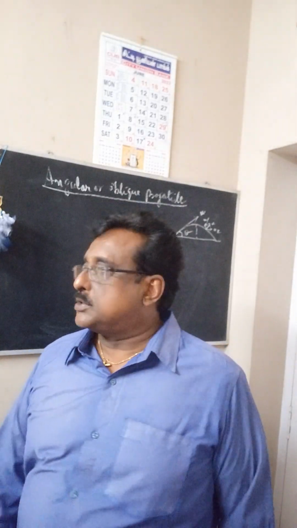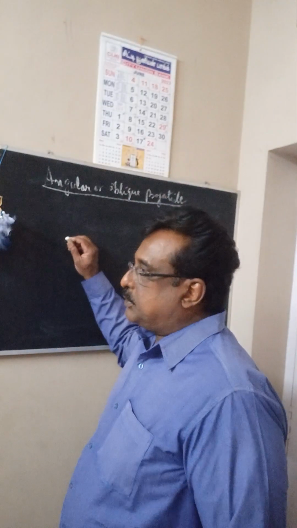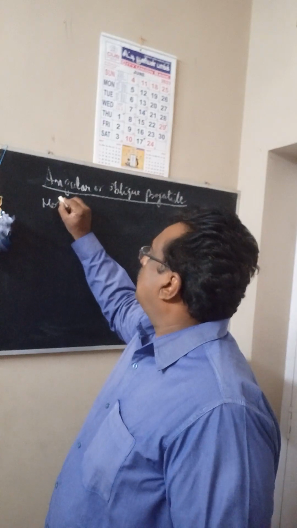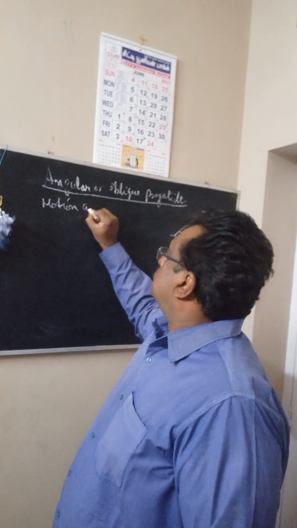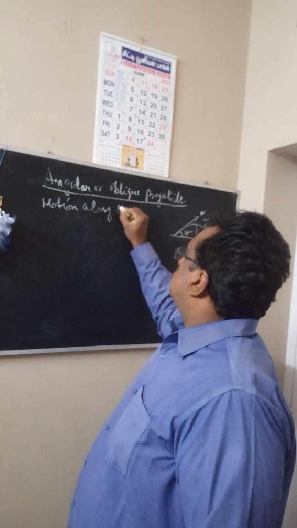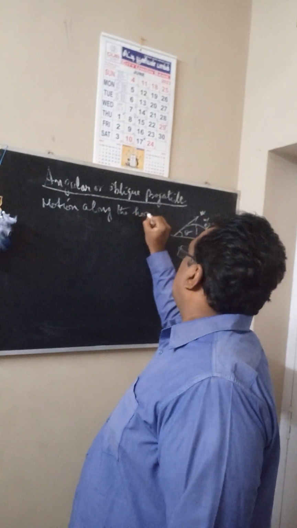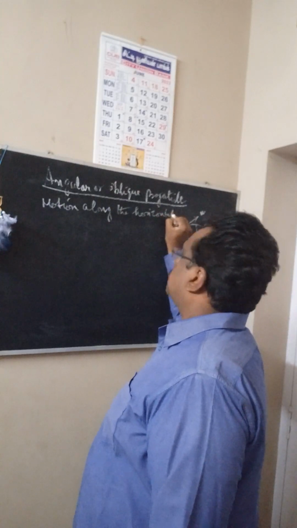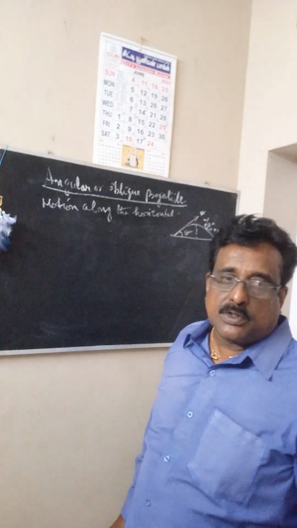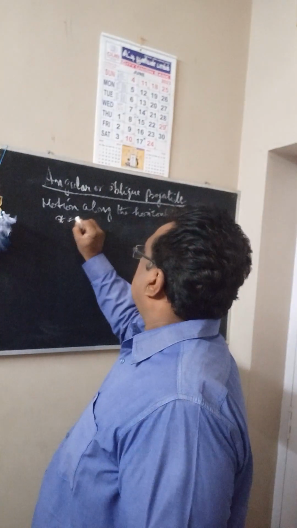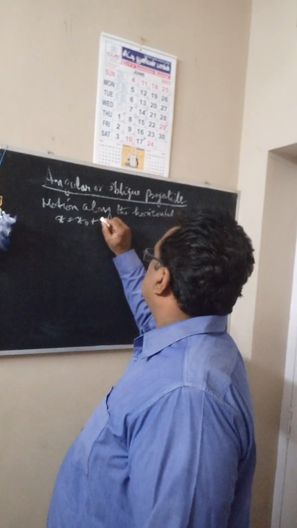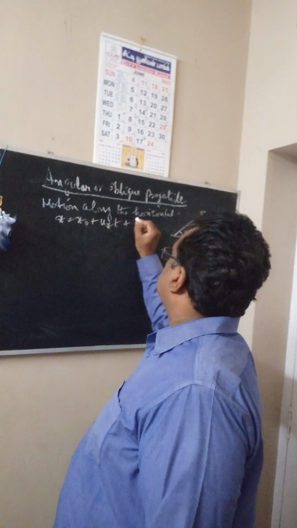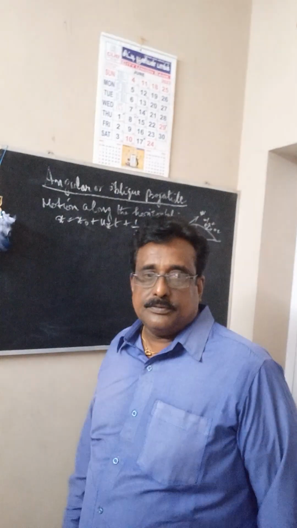So, motion along the horizontal components, that is, along the x direction. We take x is equal to x0 plus ux t plus half ax t square.